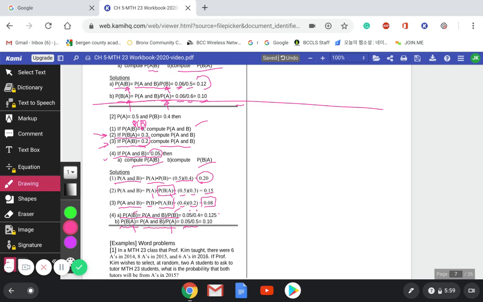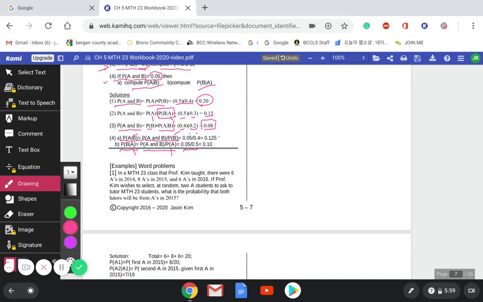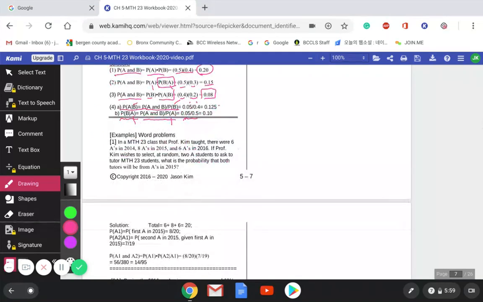Now, that's in terms of mathematical expressions. Now let's look at some word problems, see if it makes sense. In a Math 23 class, Professor Kim taught there were 6 A's in 2014 and 8 A's in 2015 and 6 A's in 2016 again.